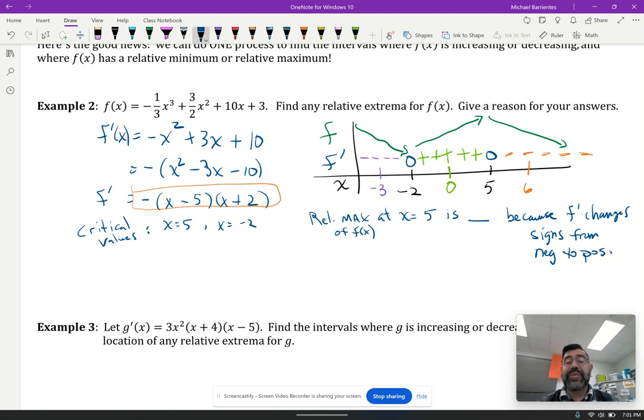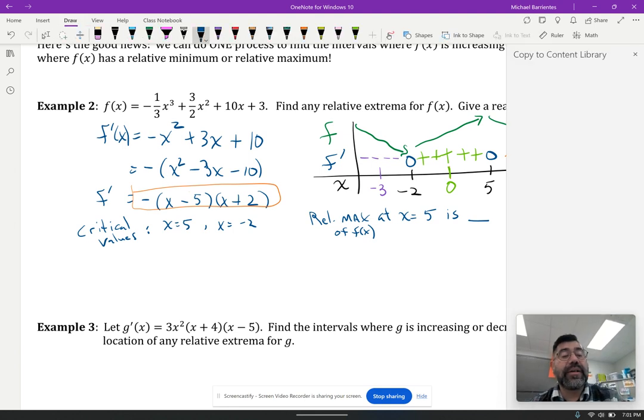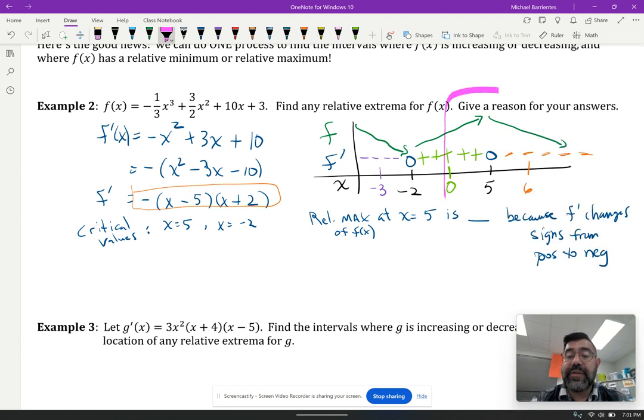That's how I know that there's a relative max there. I'm sorry, positive to negative. My bad. We're talking about this area right here, right? There is a peak, and there's a peak because my derivative goes from positive slopes going up to negative slopes going down, and that's how I know that there's a relative maximum.